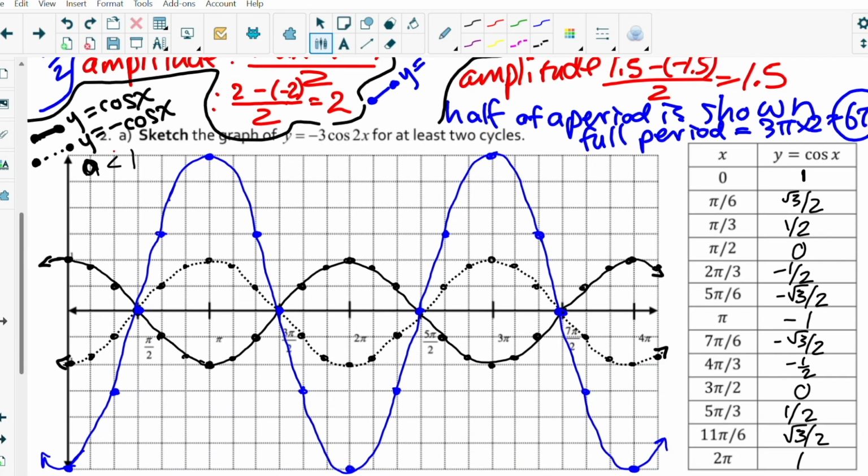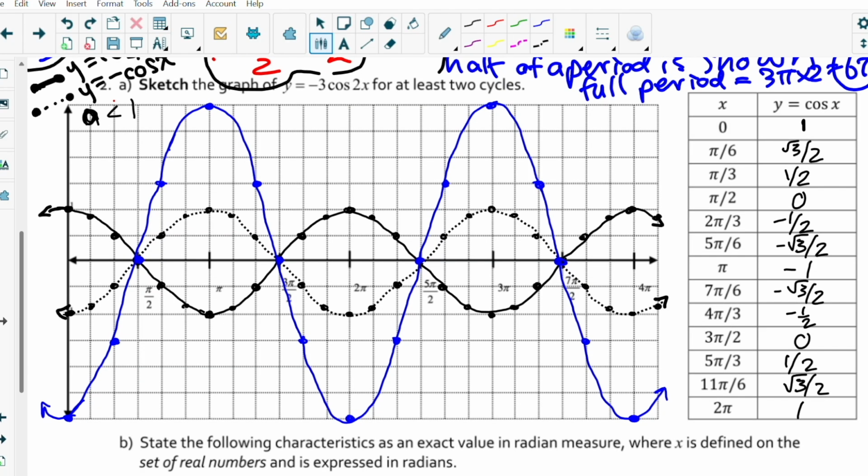One half, right? So on a horizontal stretch about the y-axis, the y values don't change.